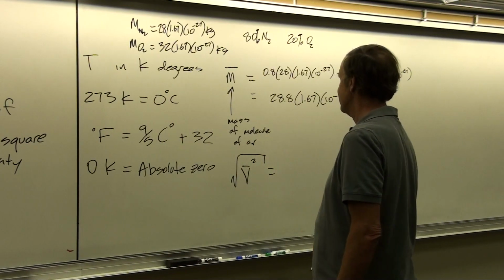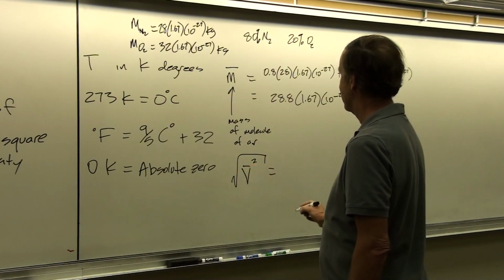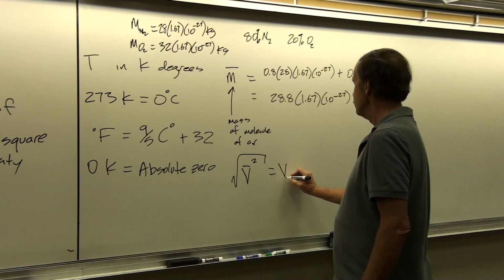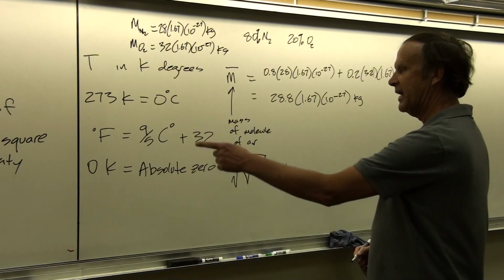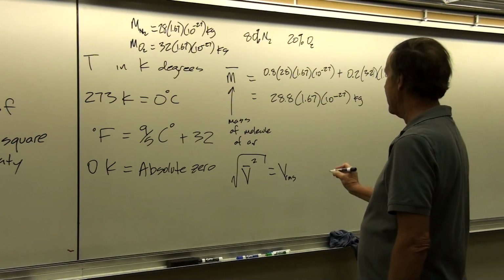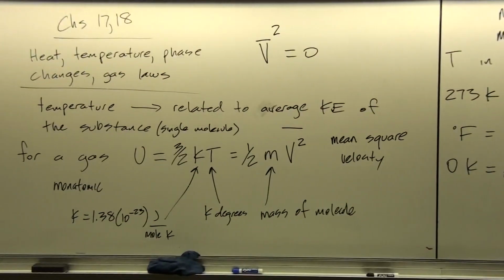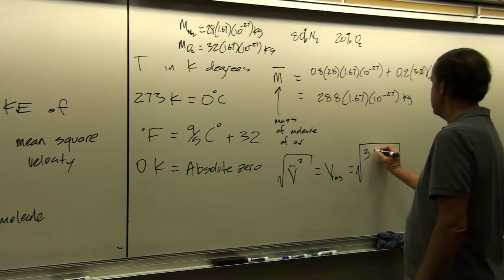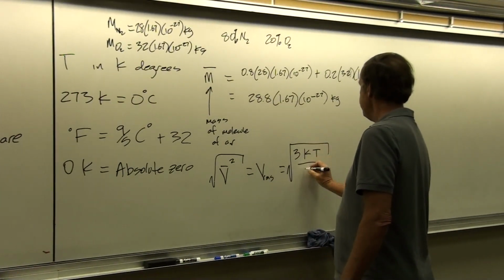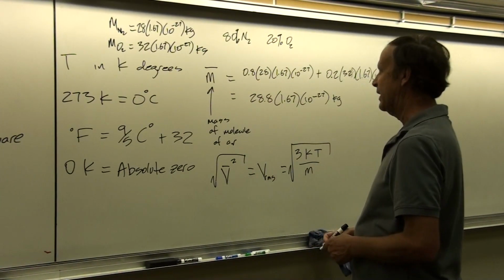Okay, and so that becomes the mean square square root, or the root mean square, RMS. So from that equation, the square root of that is going to be equal to the square root of 3 kT over our average mass.